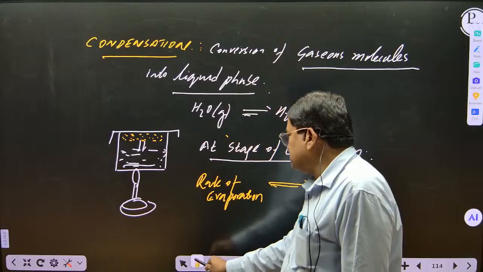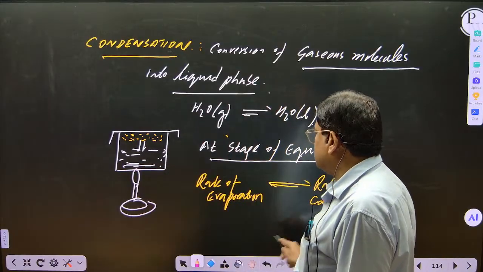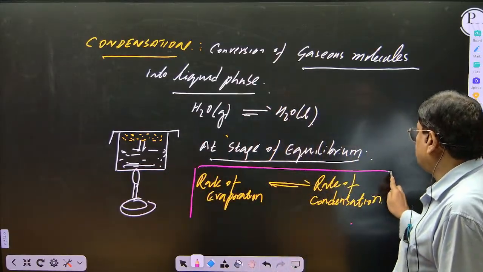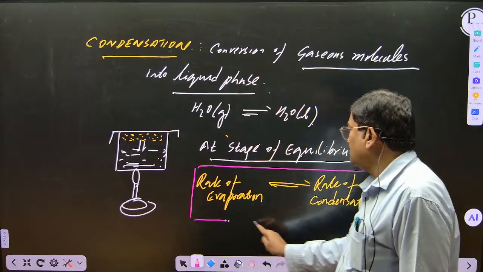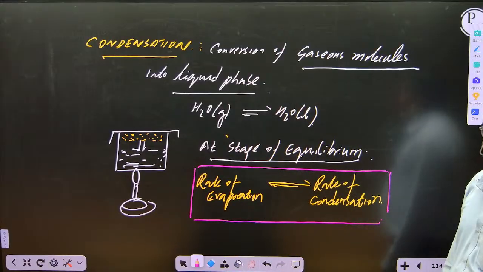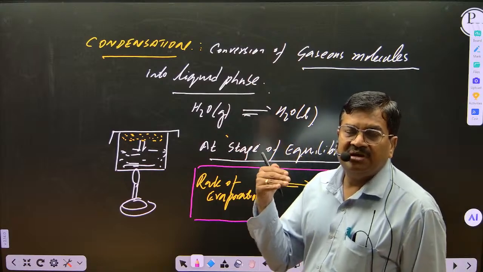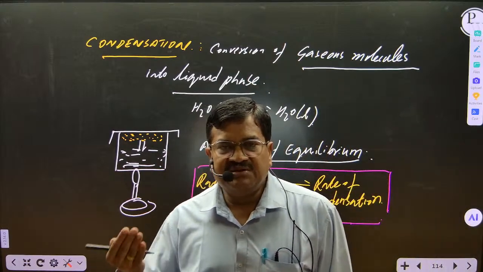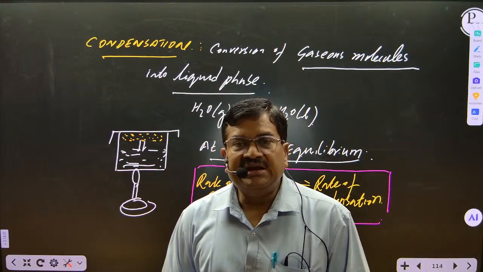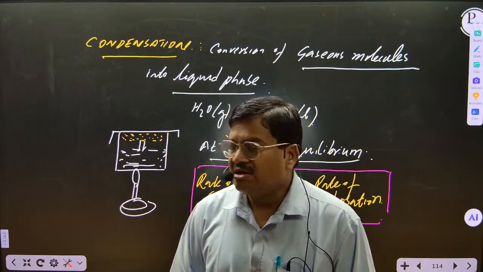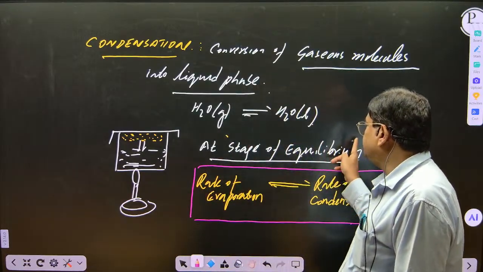This is at the stage of equilibrium. How much amount of liquid gets transformed into vapor form, the same amount of water will condense. That is at the equilibrium stage.